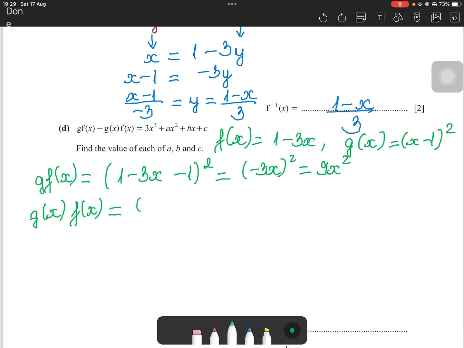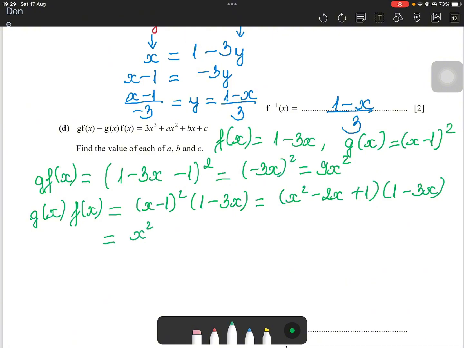And now let's talk about g of x multiplied by f of x. g of x is x minus 1 squared times f of x, which is 1 minus 3x. x minus 1 squared is x squared minus 2x plus 1 multiplied by 1 minus 3x. Now we need to expand these brackets. x squared times 1, x squared times negative 3x is negative 3x cubed.